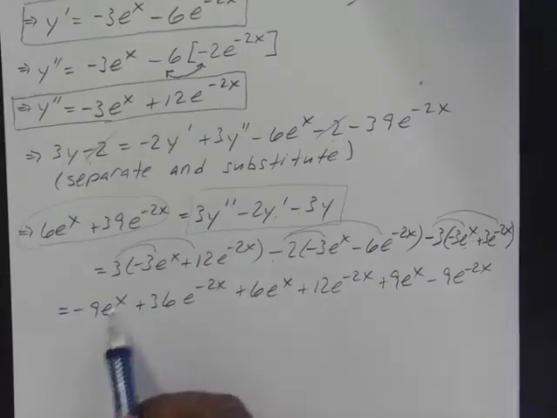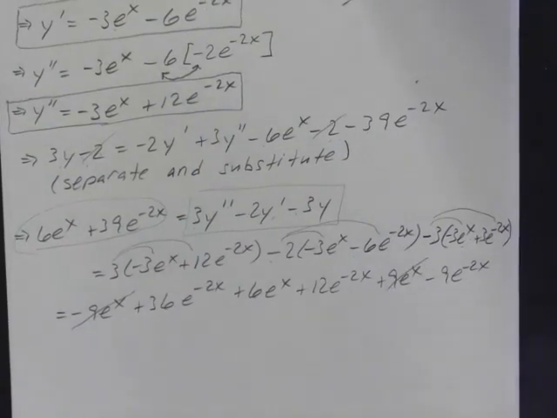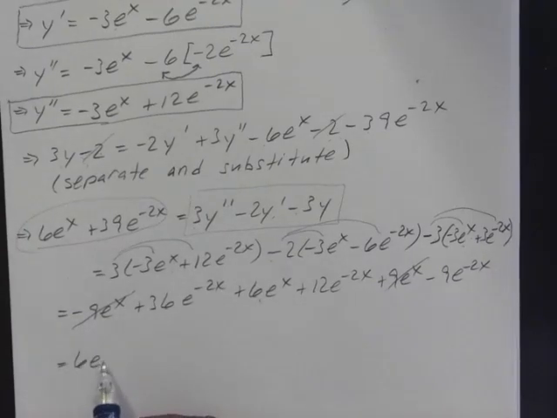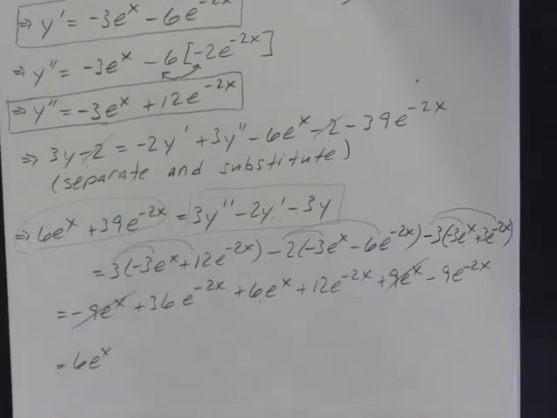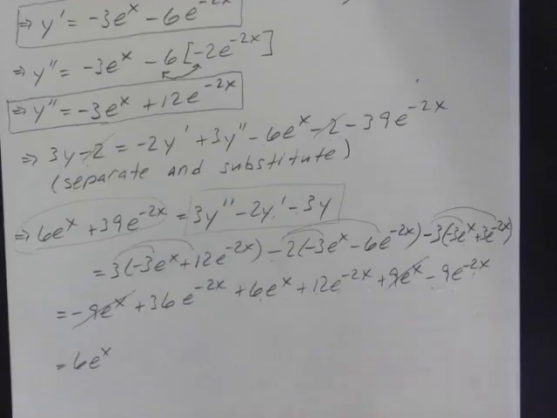Okay, but we can see negative 9 e to the power of x and 9 e to the power of x, they cancel each other out. Okay, so we have 6 e to the power of x. Okay, and we have 36 e to the power of negative 2x plus 12 e to the power of negative 2x minus 9 e to the power of negative 2x, which gives us 39 e to the power of negative 2x.